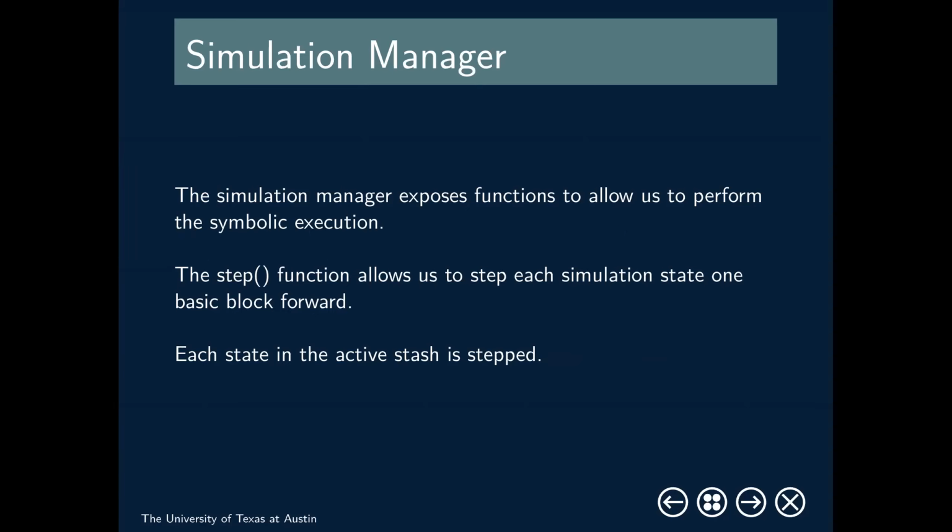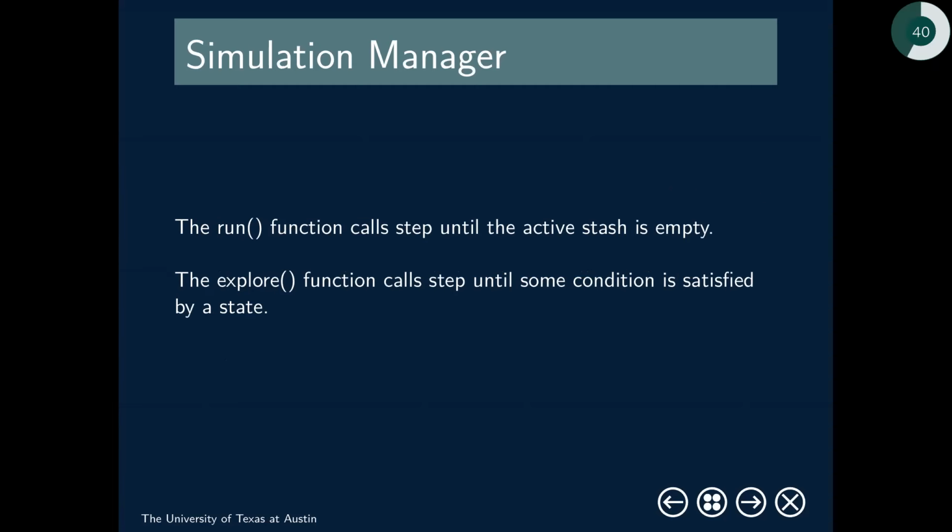So every state in the active stash is stepped once. There's a lot of S words in here, and it's kind of hard to say them. So yeah, this is the most basic symbolic execution task you can really do.